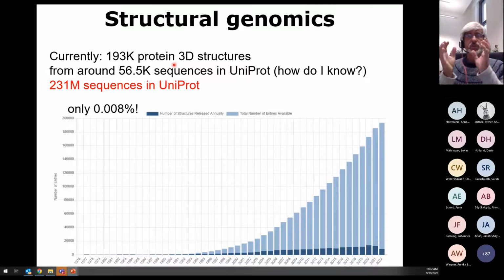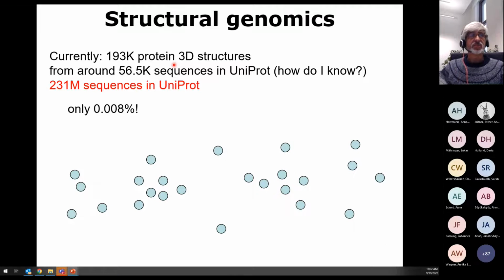If you have proteins that are similar, they have a tendency to have similar structures. And so we can use this to infer the structures of proteins for which we actually don't have experimental information of the structure. This was called structural genomics.